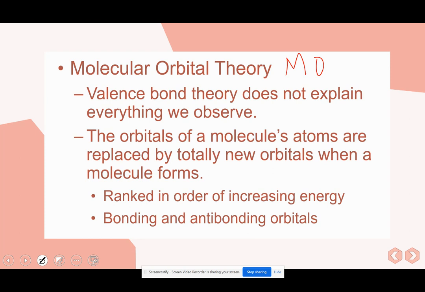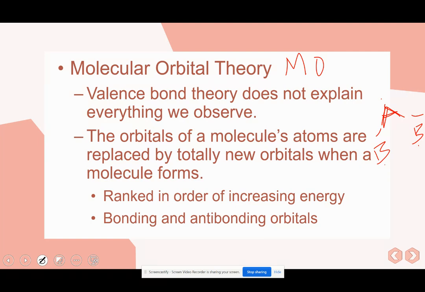It says that when a molecule comes together, let's just do generic. We've got atom A bonding to 2 atoms of B. You have 3 atoms coming together to form one molecule. Atom B, atom A, and atom B all come to this union with their own orbitals surrounding them.